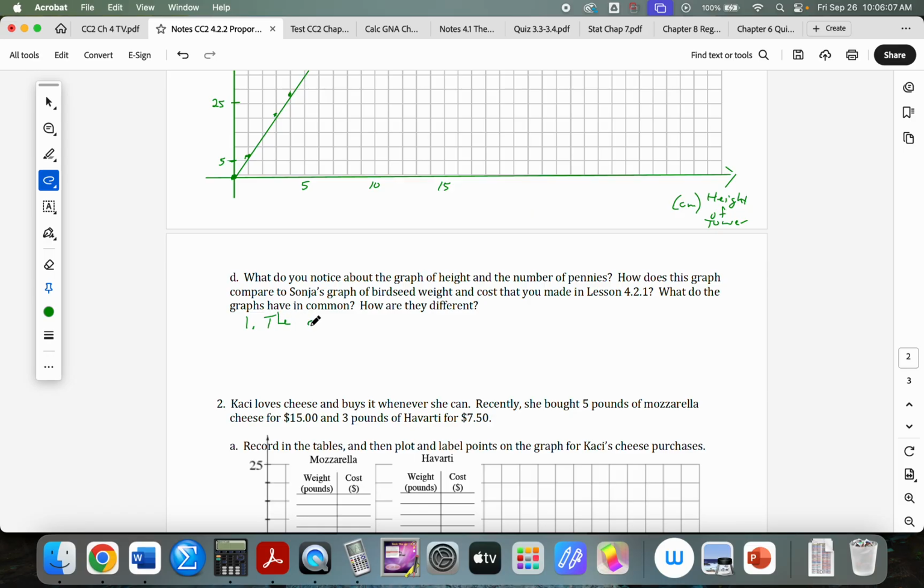The graph is a line. And secondly, the graph contains the origin. You guys know what the origin is, right? 0, 0.